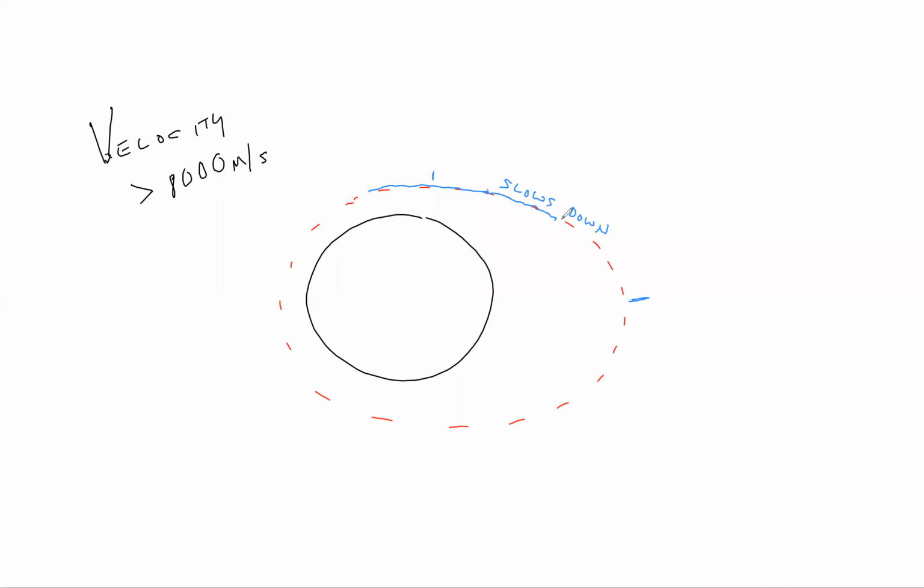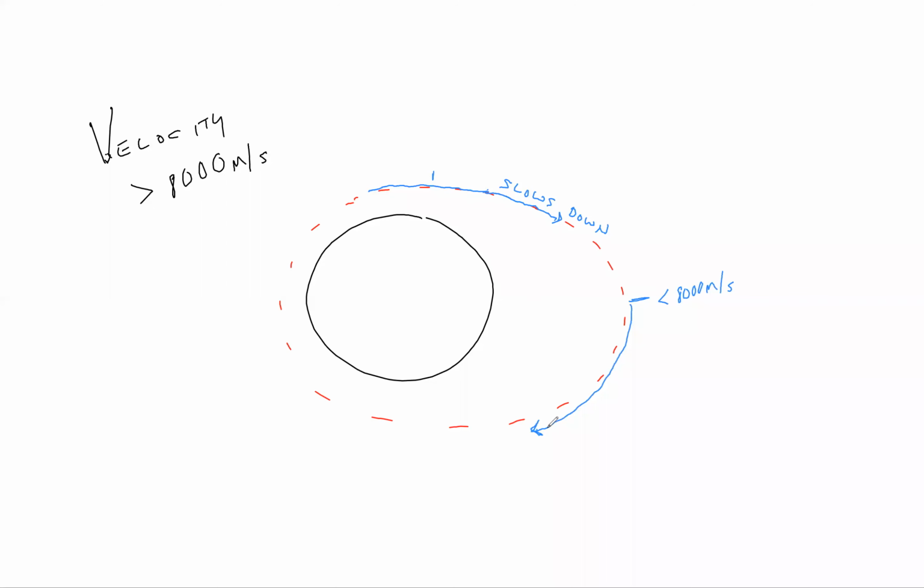We're going in this direction here, so it slows down until it gets to this point. And at this point, it's probably going less than 8,000 meters per second. And what happens when it goes less than 8,000 meters per second? It's going to be pulled back into Earth because of the gravitational force. And so now from here, it's going to start speeding up.